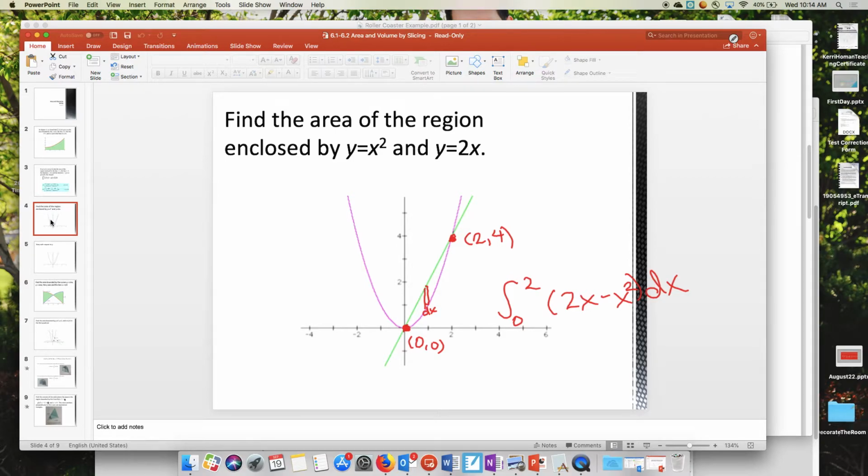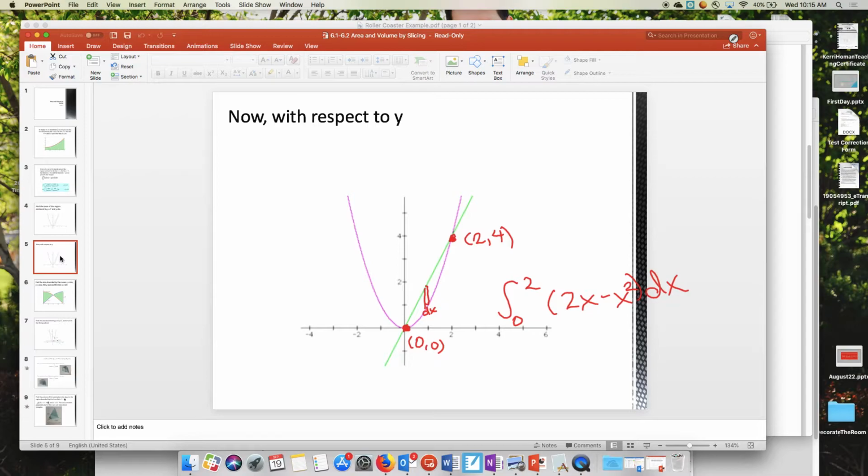Okay. If we wanted to do this with respect to y, then we could draw this rectangle representing the thickness of all those rectangles that we are adding up together. And this time we would be integrating from 0 to 4 because we're integrating with respect to y. And we would need to write our functions in terms of y. So instead of y equals 2x, this green line is x equals y over 2.